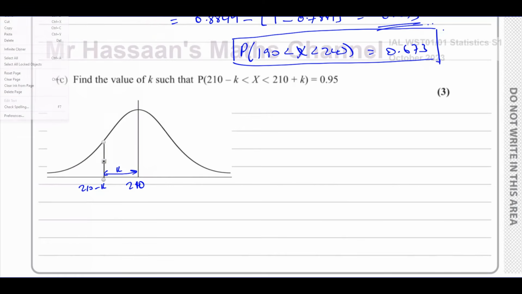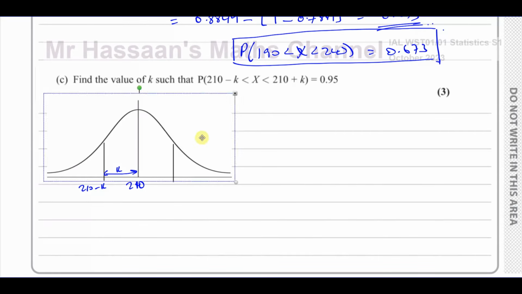So you've got symmetry here. This is also k long this way, but this is 210 plus k.